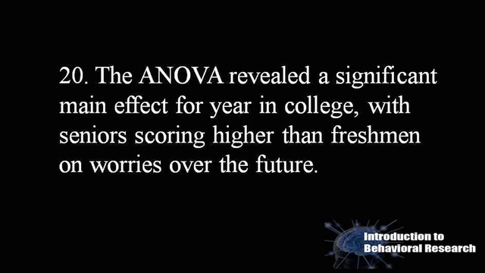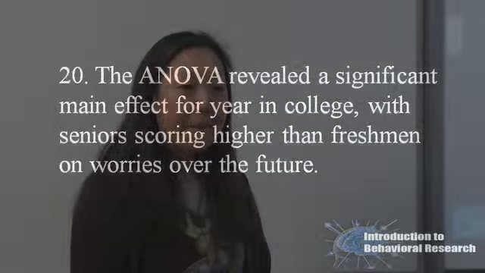Okay. Number 20, the ANOVA revealed a significant main effect for year in college, with seniors scoring higher than freshmen on worries over the future. The key is revealed a significant main effect.